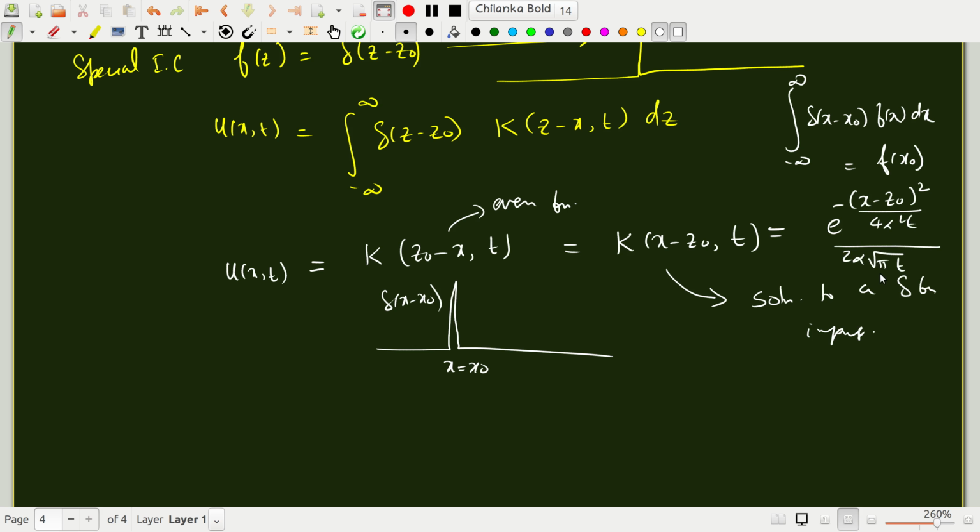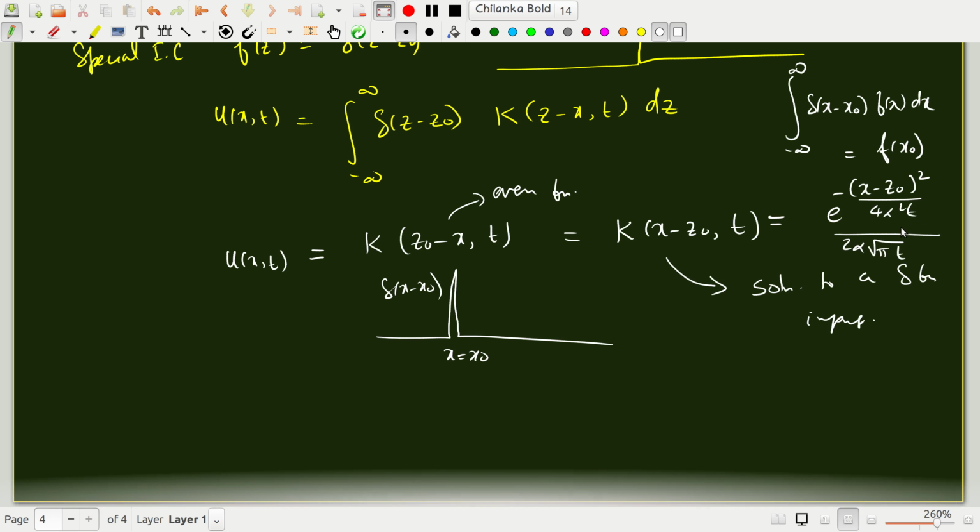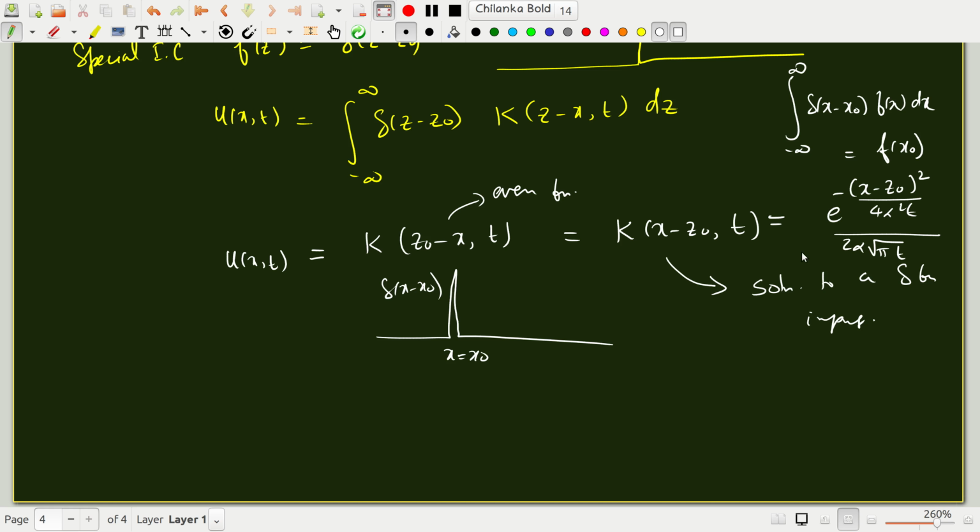This is the solution to the diffusion equation for a single delta function input. Now how this will look at later times is that the delta function will slowly smooth over like this. It has to be symmetric, and then eventually it will become completely 0 everywhere.